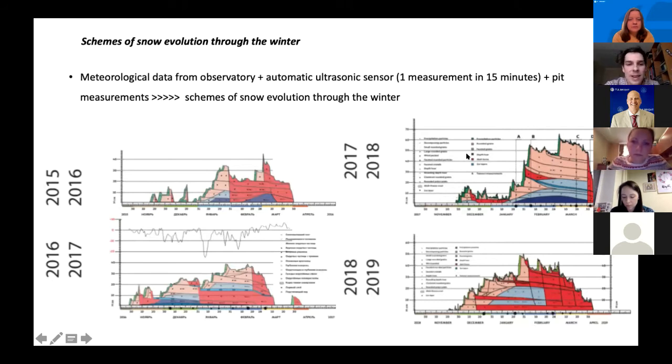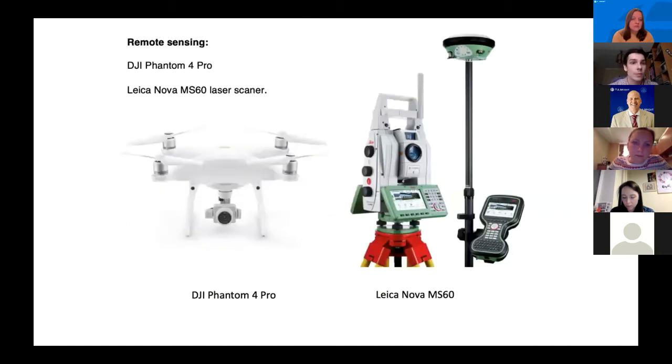But as you can see, the stratigraphy is different, and this means that the impact of snow cover also should be different, because different stratigraphy means different physical properties of snow, such as insulation properties, which is important for soil and permafrost processes. Yeah, so let's move on.